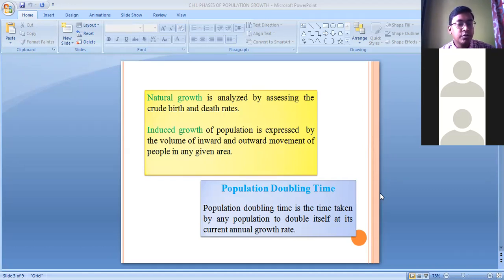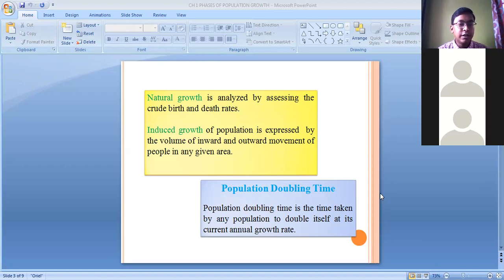Suppose the population will double itself in 5 years only, meaning the 5 lakh population at the rate of 10% will become 10 lakh in the next 5 years. So how many years it is taking for the 5 lakh population to double itself at the present rate is 5 years actually. So this 5 years is actually the population doubling time.